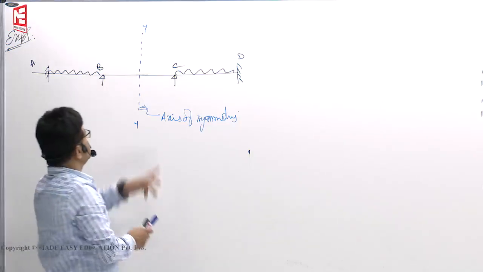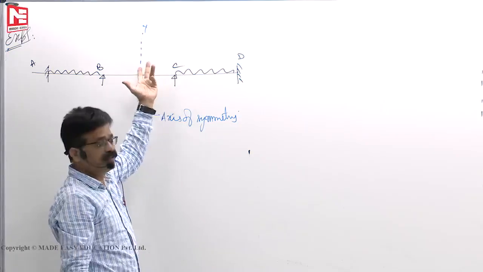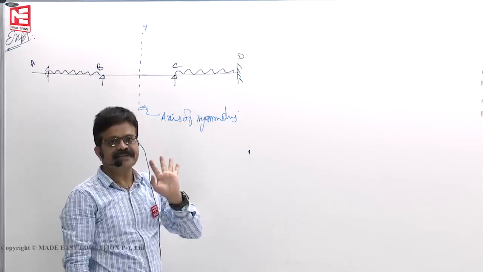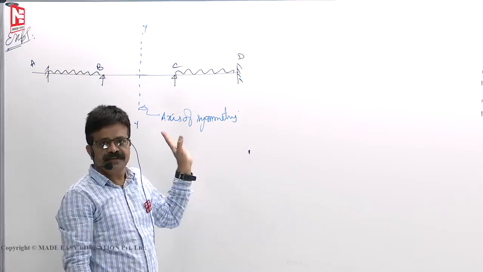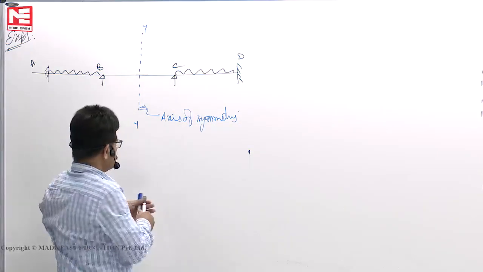I have removed the load here deliberately, but if you want, we can keep the load. But if the load is not there, we can draw the deflection profile properly. Only for that sake I removed the load, because anyhow we don't want to deal with the loads, we want to deal with the end moments only.